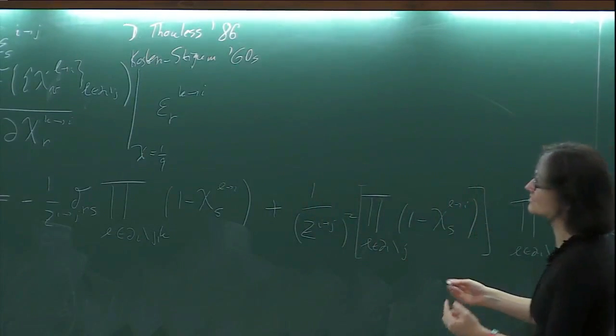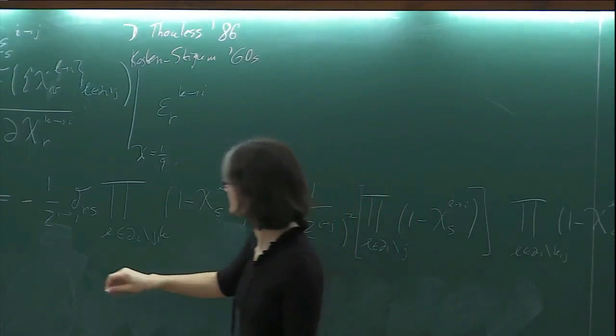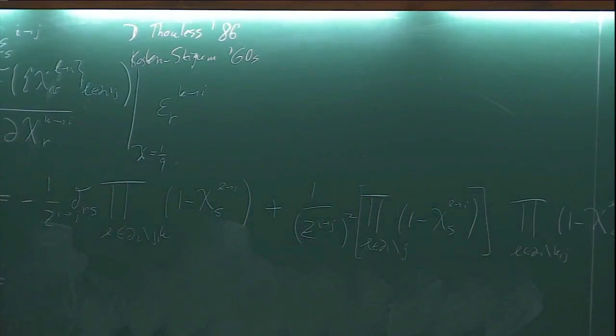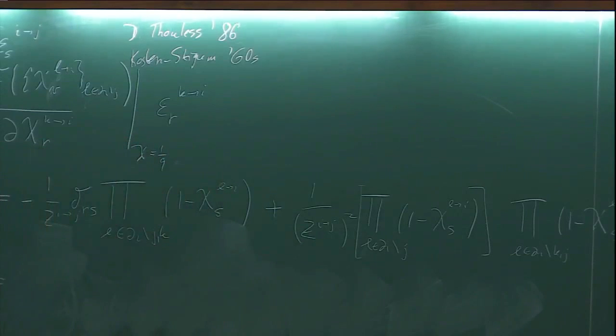So now we just need to plug in the fact that xi is 1 over q. Okay, so let's go. The minus stays there. The z is here several times. So let's see what the z is when xi is 1 over q. We already wrote that, right?